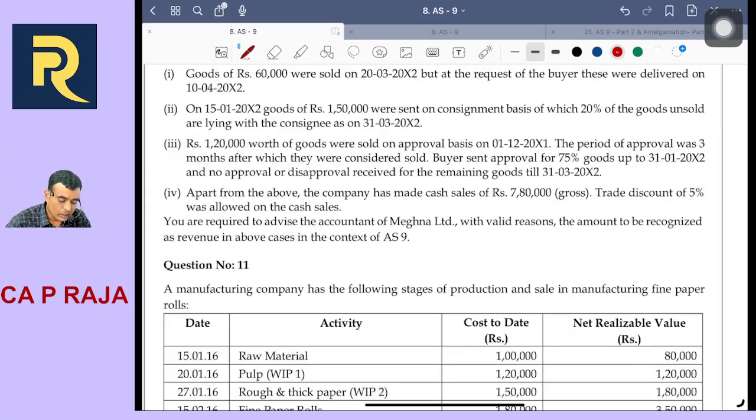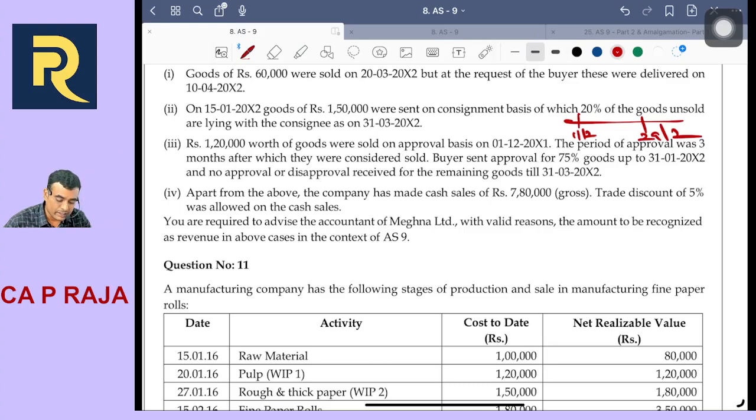Next, goods of 1,20,000 were sold on approval basis on 1/12/2021. The period of approval is 3 months. So when does the 3 months end? December, January, February, right? March is not included. They were considered sold.